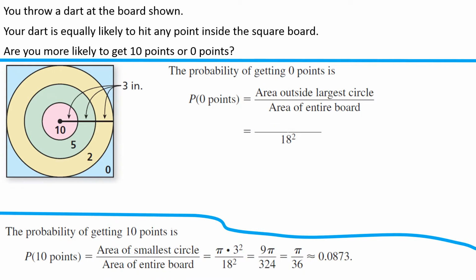So I'm lucky with the denominator, right? We would have had a common denominator, so I would say, hey, cool, we'd have a common denominator, but look at the crazy numerator here. What's the area outside of that largest circle? Well, I guess it's the area of the square minus the area of that largest circle.